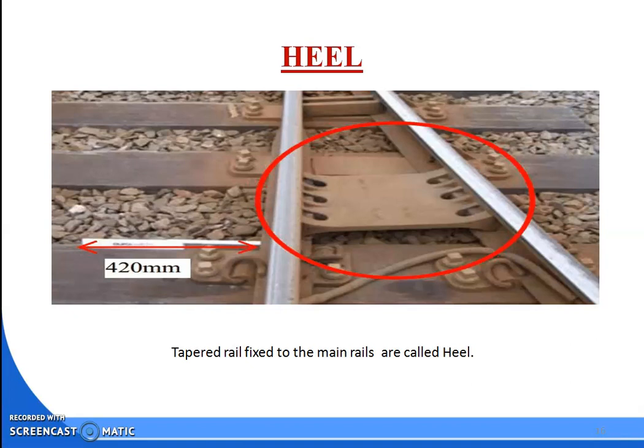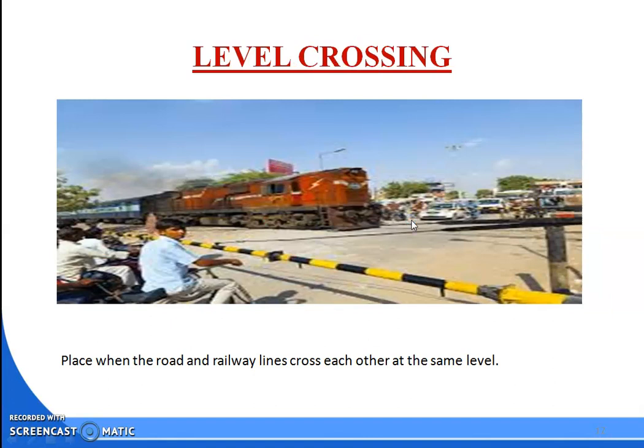For diversion, or for changing the track, another tapered rail is provided. To connect the main rail to the tapered rail, a block is provided, which is called the heel.